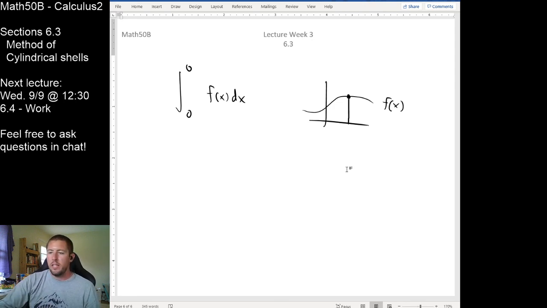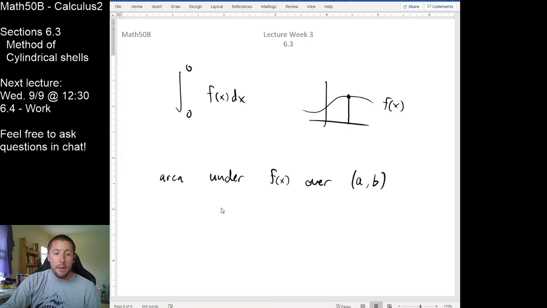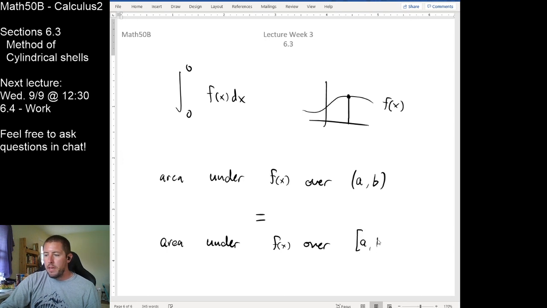And I think this is a great idea right here, that when we think about the area under f of x over the interval a to b, open interval, it is equal to the area under f of x over a to b, closed, because the only difference between these two is that this second integral, in a sense, has 2 more Riemann sticks.